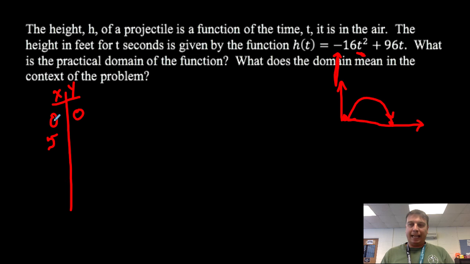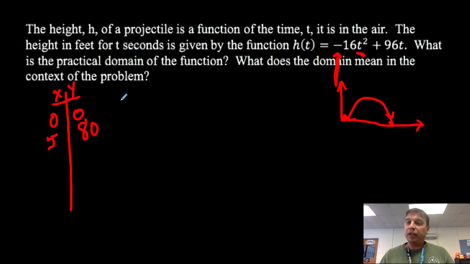And I'm going to add to that 96 times 5 again. So then that would mean that I have a height of 80. So this thing's still going through the air. Let's see, I should probably keep going, maybe try 6 and see what happens.